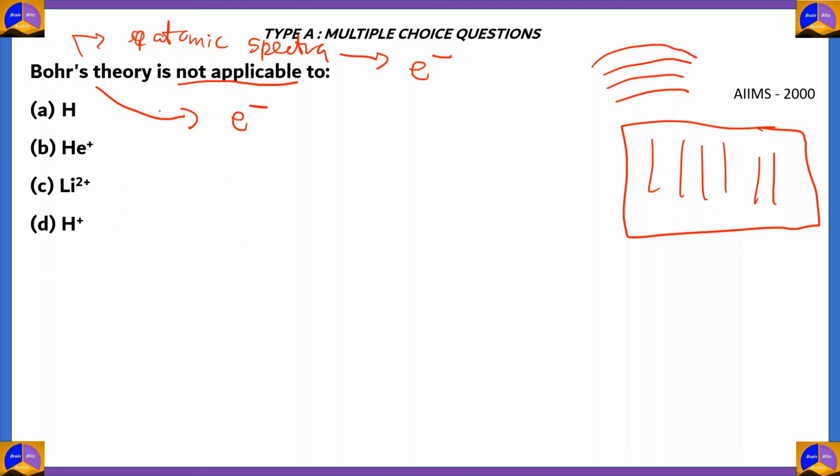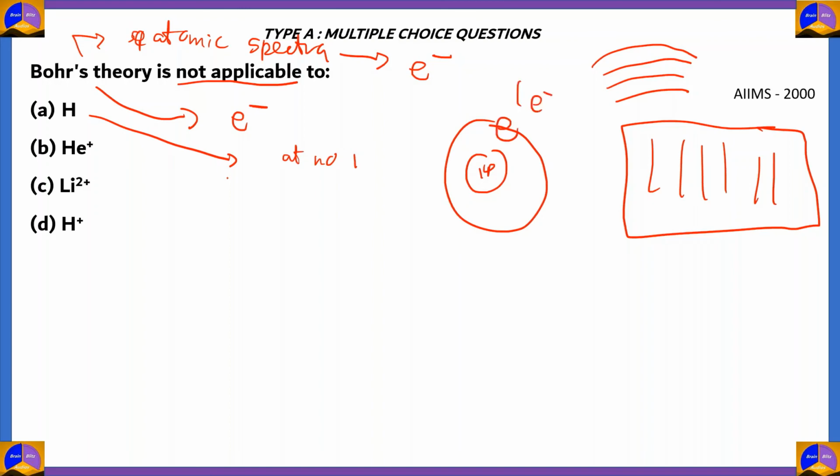So let's look at each of our options. A, hydrogen. Hydrogen is an atom with atomic number 1, so it should have 1 proton and 1 electron. So option A is incorrect because Bohr's theory is applicable because it has electrons. What about option B, He plus?